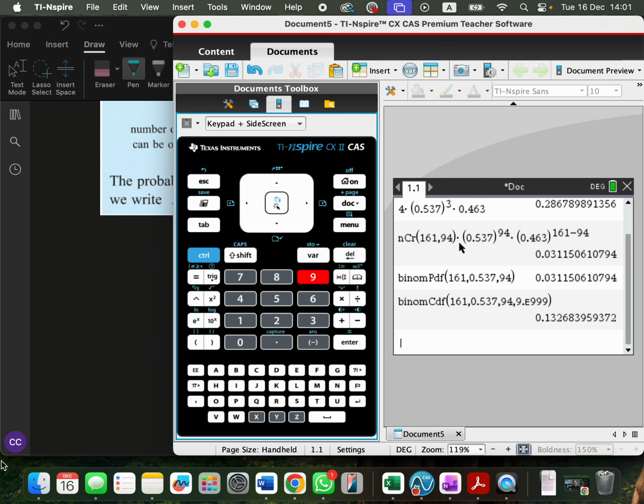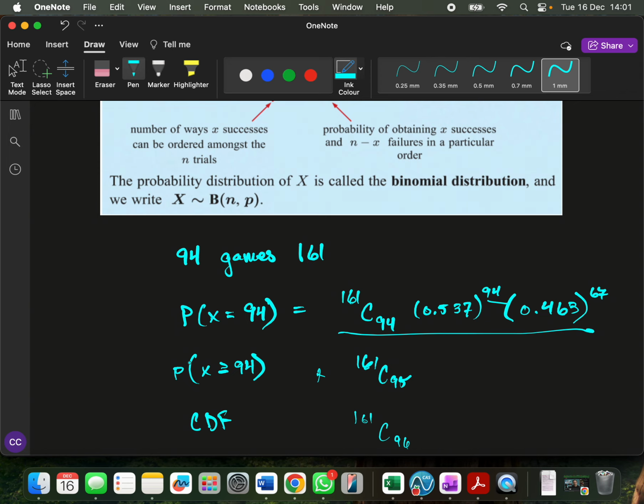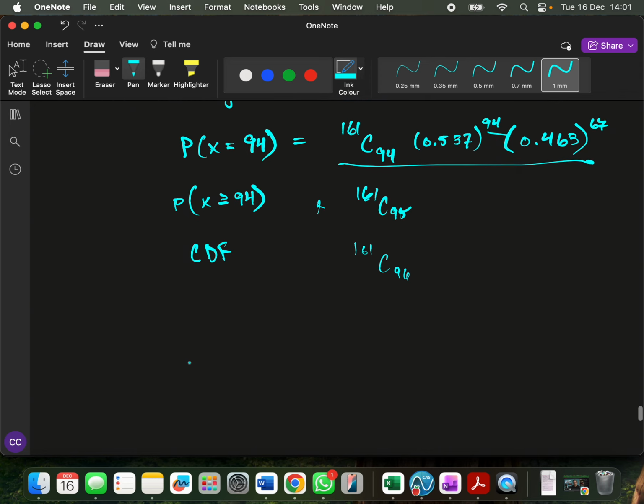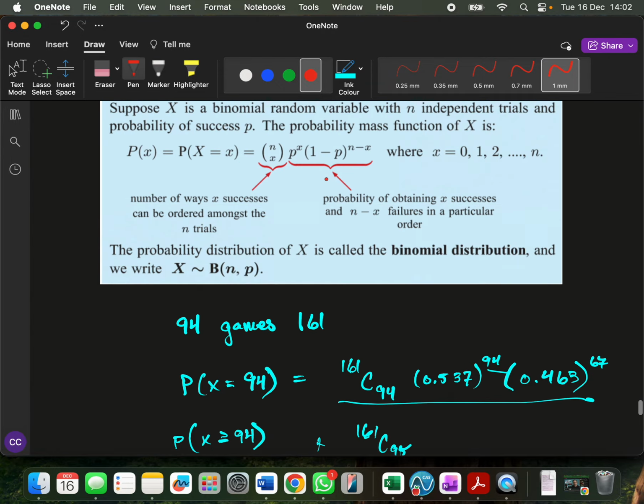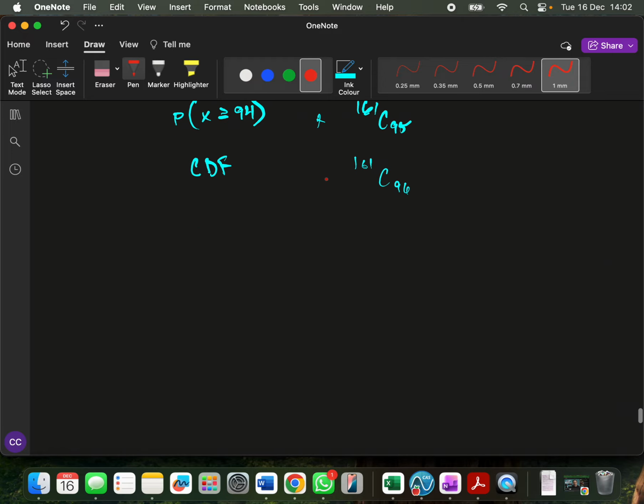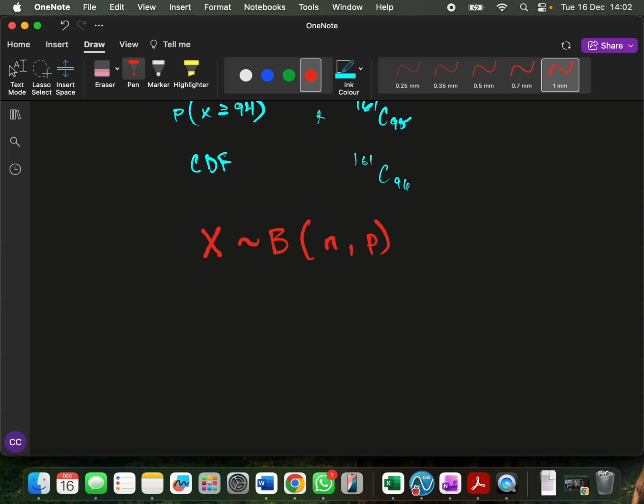Now, a couple of other little things that I just got to clean up as we do this. Whenever we are talking about a probability distribution, we always have to define it. And the way that we define a binomial distribution is it's always going to be x such that x is distributed binomially, and then we're going to have the number of events and the probability of success.